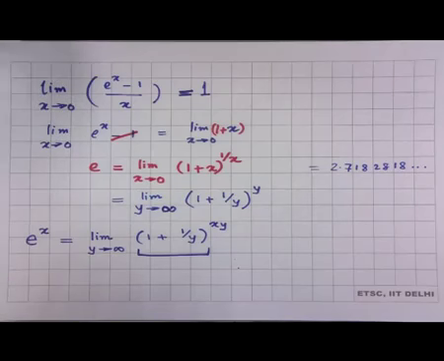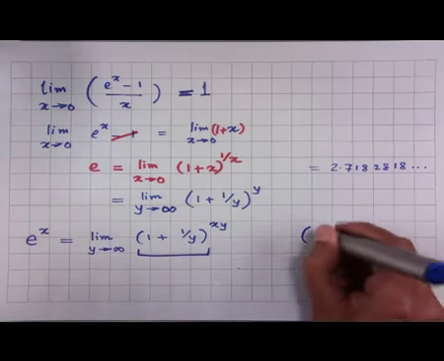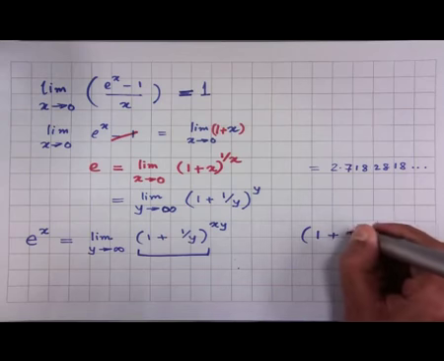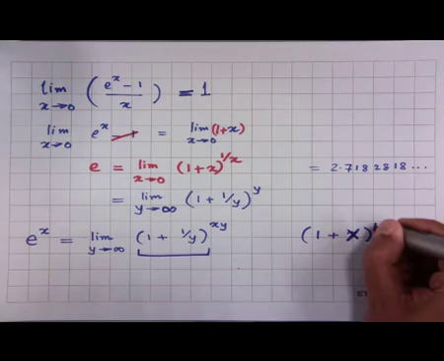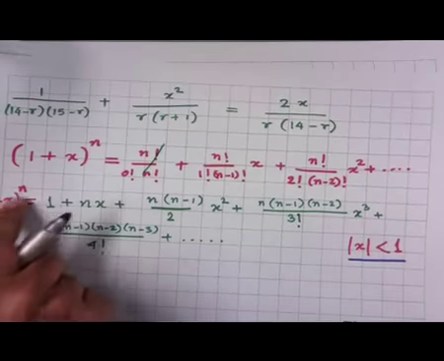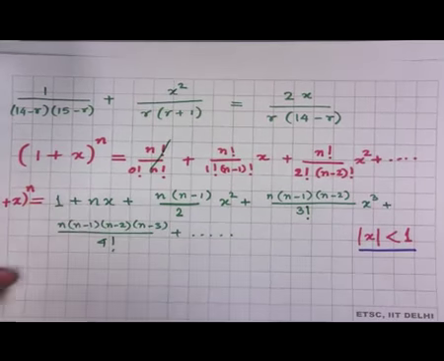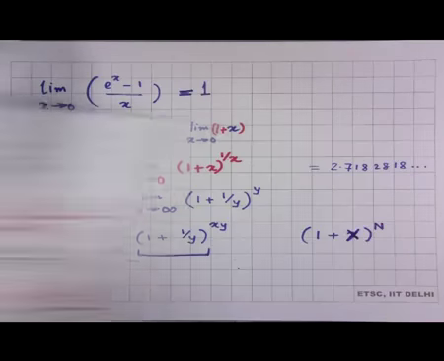Okay. So, what is my n in this case? So, let us write it as capital X, right. 1 plus X, I have put a capital, to the power n is 1 plus blah blah blah.